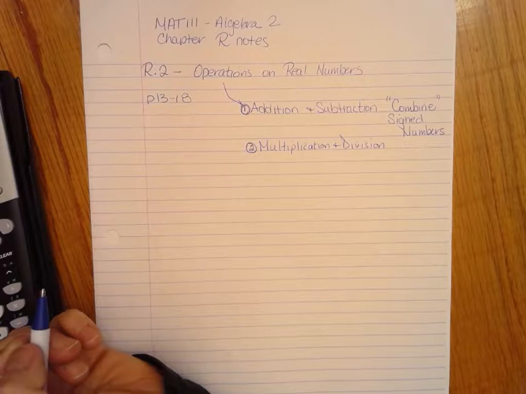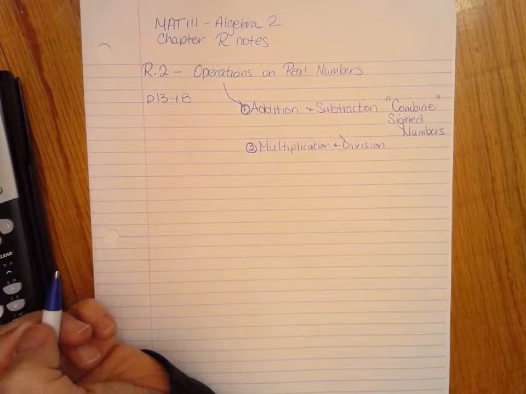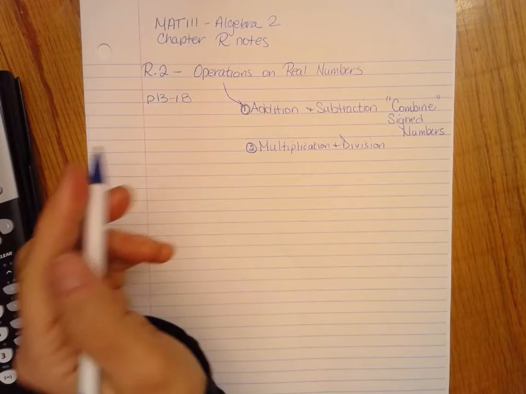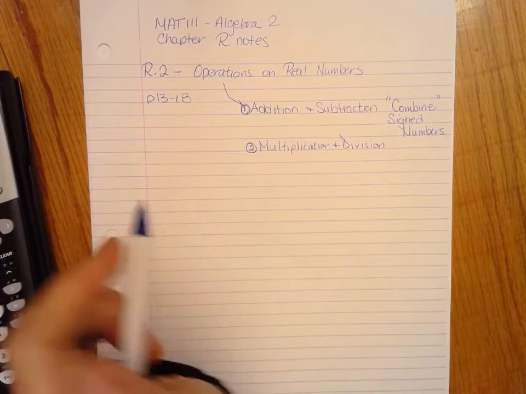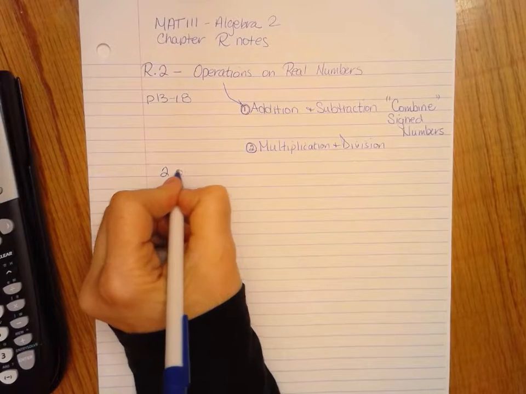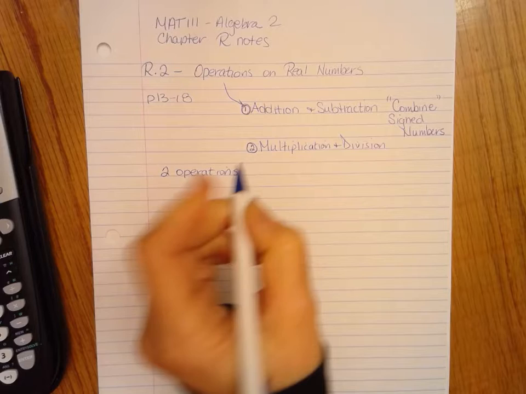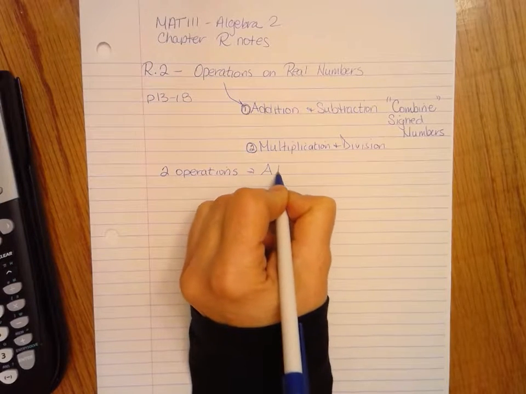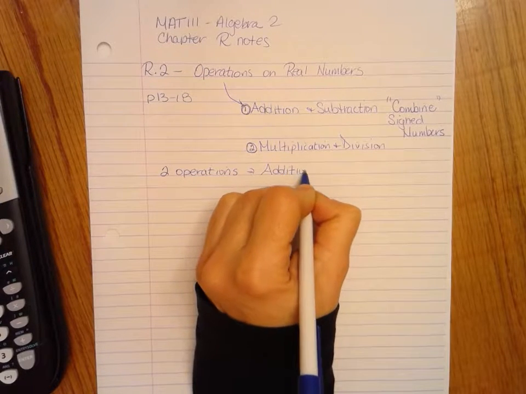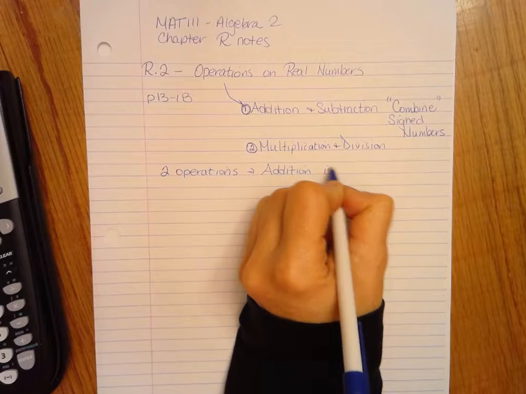So let's take a look at real numbers. So here's my take. There's only 2 operations. Addition is weak.